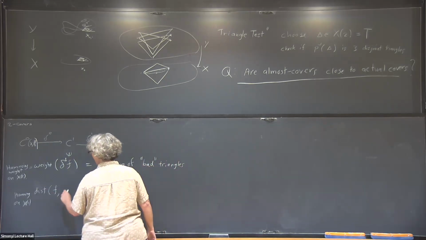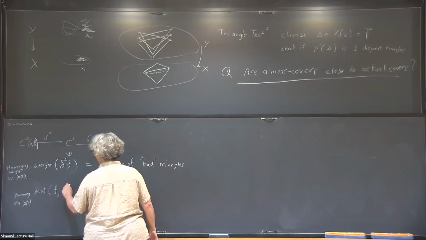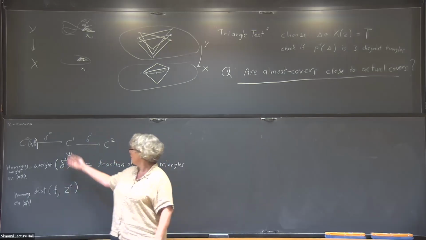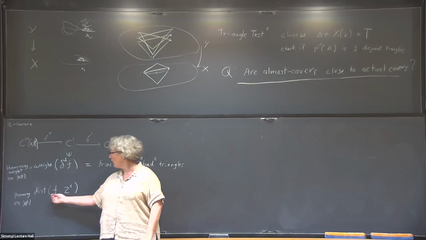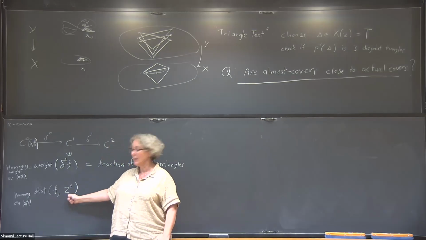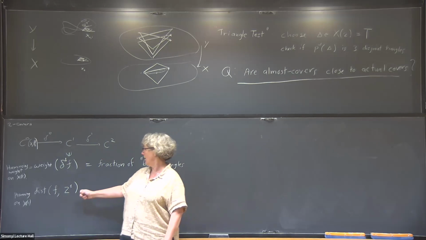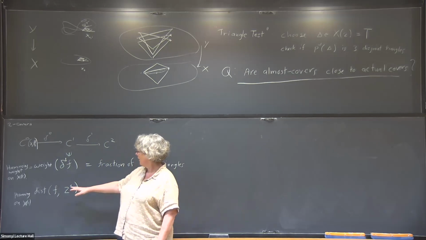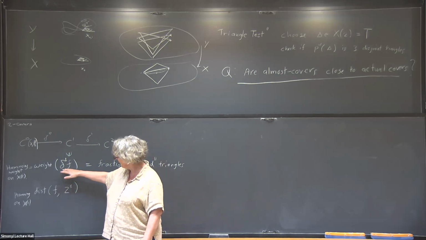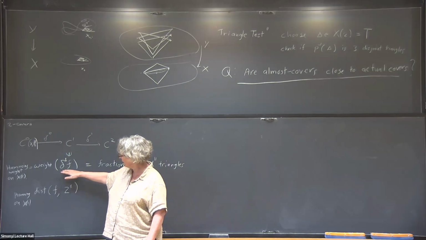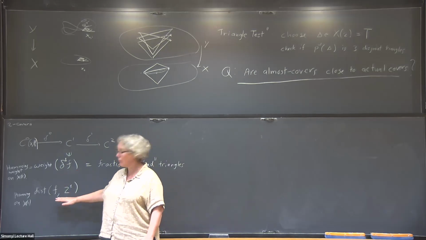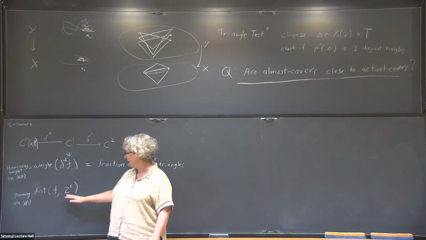The distance of F to Z1 means I was given some arbitrary F, and I want to know how close it is to valid covers. Z1 are the ones that are good covers. So what I want to know is whether, if the weight is small, only a few triangles failed, does it mean that I'm actually close to a valid cover?